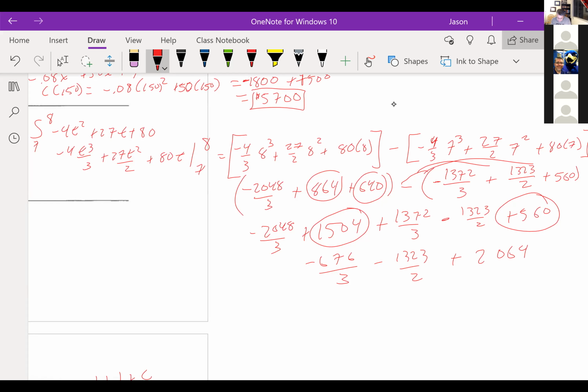Minus 1323 divided by 2, minus 676 divided by 3. Yeah, this is coming out... Why not?